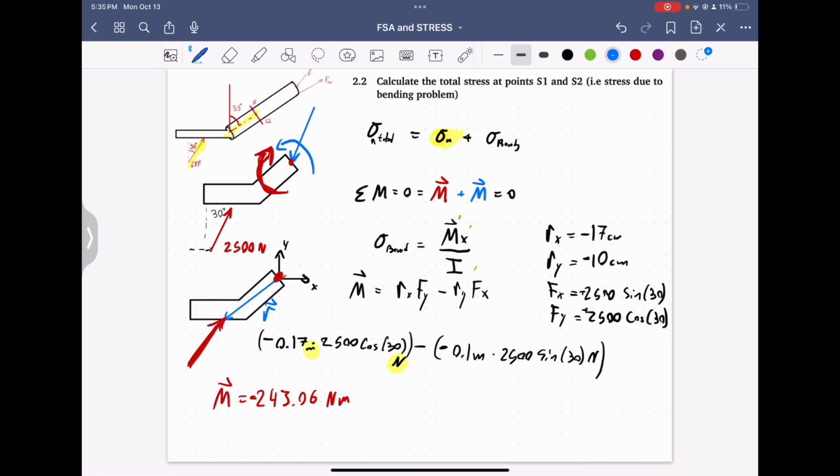So we plug it into this equation up here: negative 243.06 plus M equals 0. And so we know M equals 243.06, which again is the exact opposite.